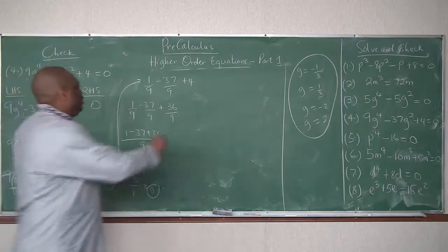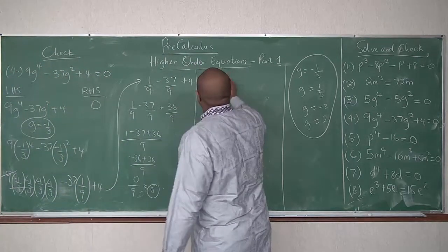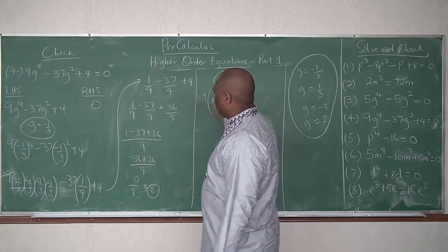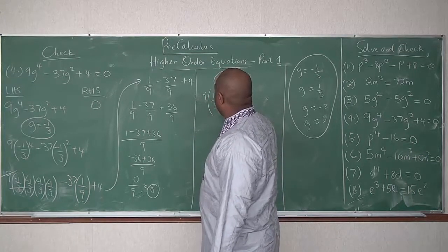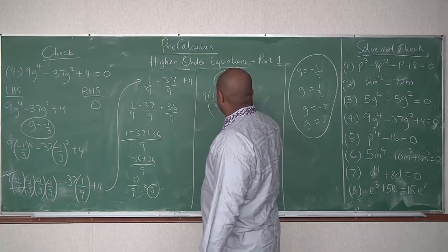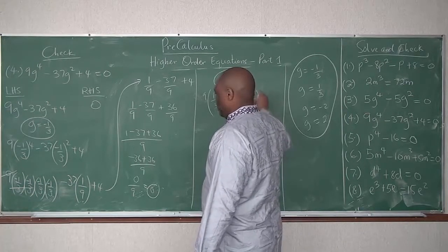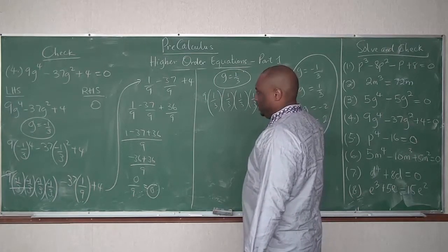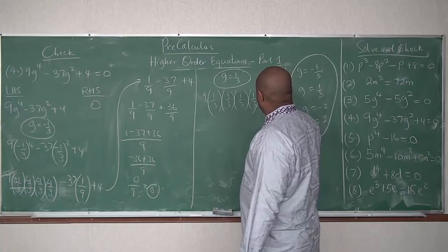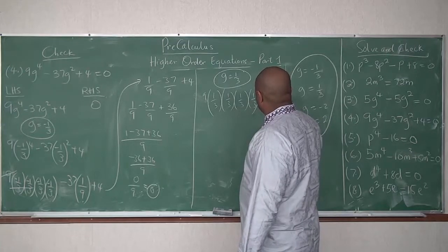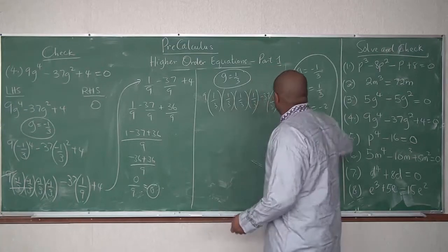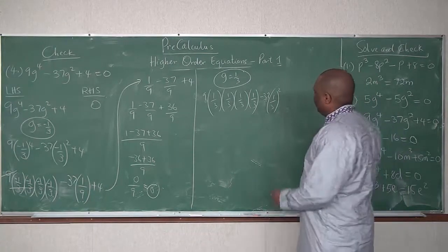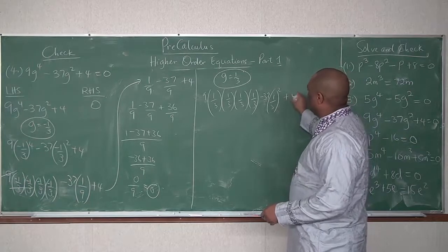And the same thing applies to g equal to 1 over 3. If it's g equal to 1 over 3, you will still get that, because it applies to the same thing. You have 9 times 1 over 3 times 1 over 3 times 1 over 3 times 1 over 3 minus 37 times (1 over 3) all squared, then plus 4.